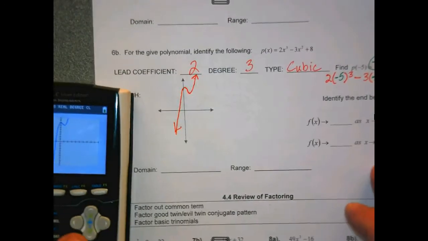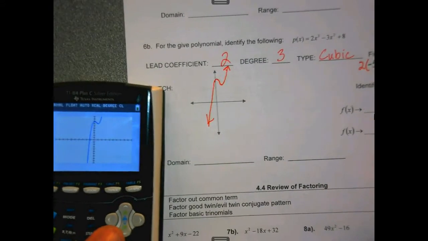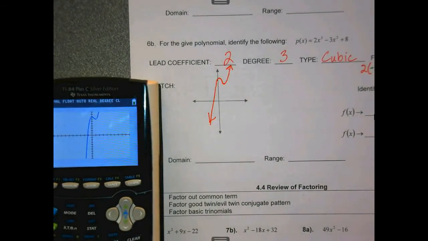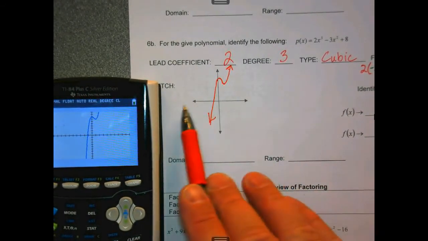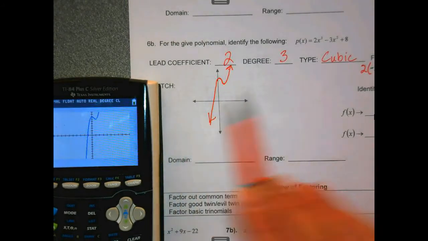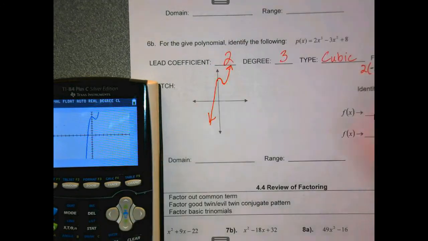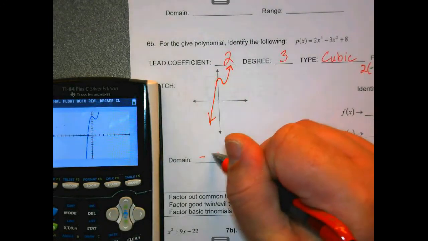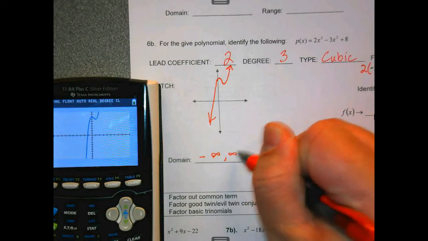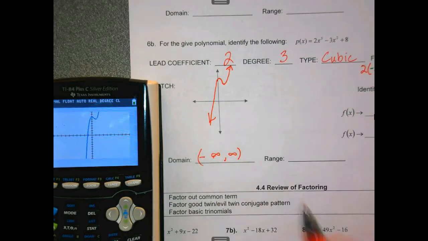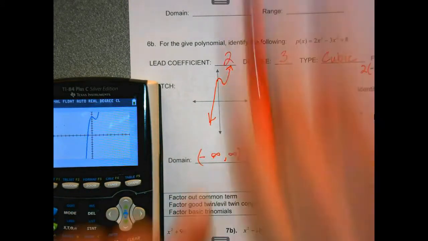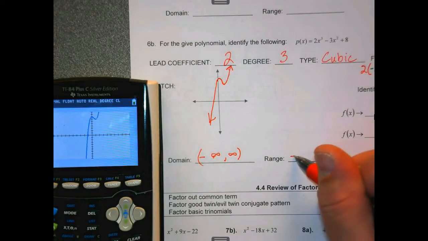Okay, domain. What's my domain? What are my x values here? Go up. Negative infinity, positive infinity, right? And then range, up and down. Same thing, right?